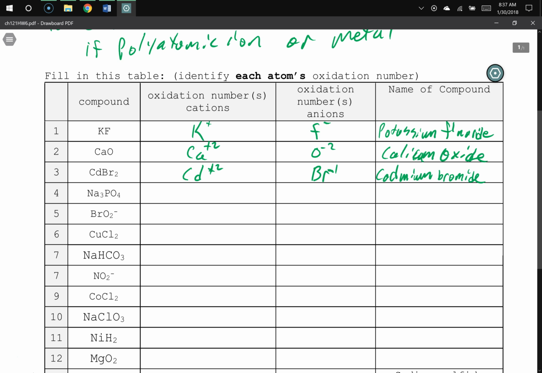Why didn't I write calcium 2? What was the reason that I had to give an oxidation state for substances? Like, why do I need to say iron 3 oxide? Because it's flexible. There's a 2 and there's a 3, so it could be either one. I do not say cadmium 2 here, even though it's a transition metal, because it's one of the transition metals that doesn't have a variable oxidation state. How do you know that?